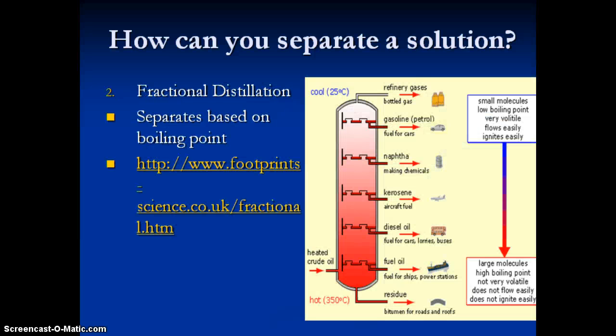A second type of separation technique is called fractional distillation, and it's used to separate out different products of crude oil just by heating crude oil and separating them out at different boiling points. So the lightest, least viscous, least dense gas, you're going to have very volatile small molecules that boil off first, and so those can be separated out first.